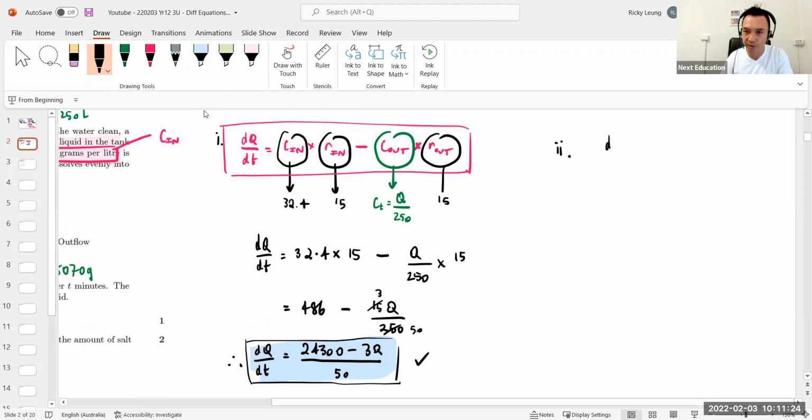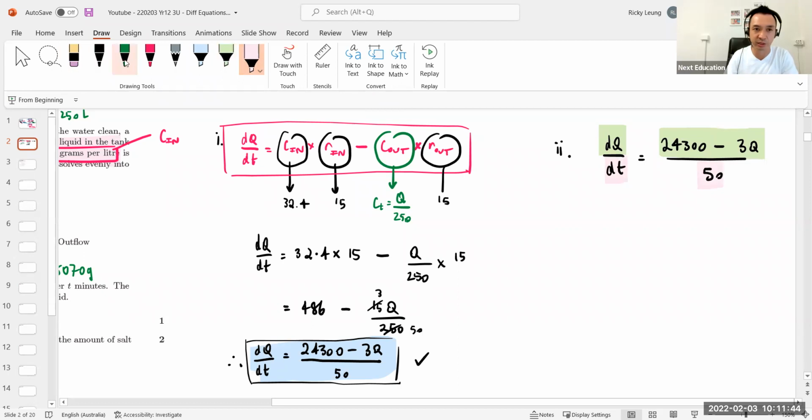Guys, start with the differential equation that we've been given, or proven. And then I'm just going to integrate that by putting the letters of Q to the same side, and dt I'll put with the 50 on here. So I'm just going to cross multiply that.